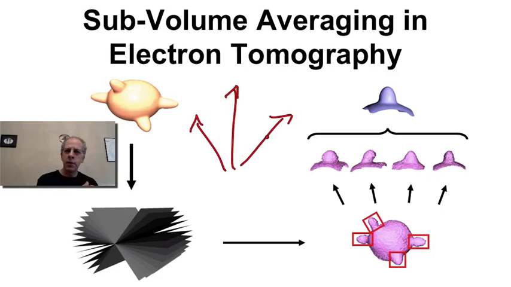So you have to first align them, and I'm going to illustrate that in one of the next slides. And also, are they identical copies? Maybe there are multiple different structures, maybe slightly different, but still different. So we're going to have to rotate, align them, group only those that are the same, and only after we do all that, then we're allowed to average.